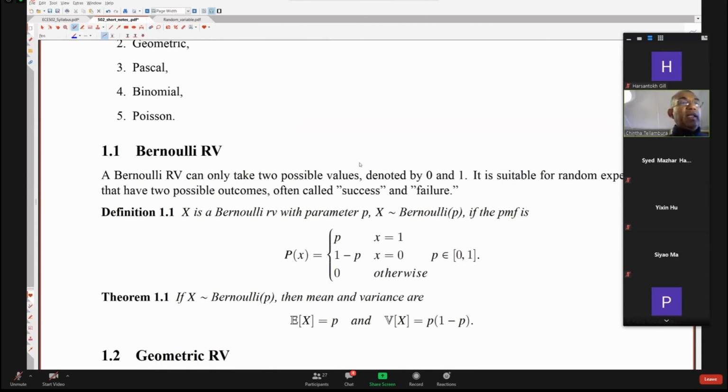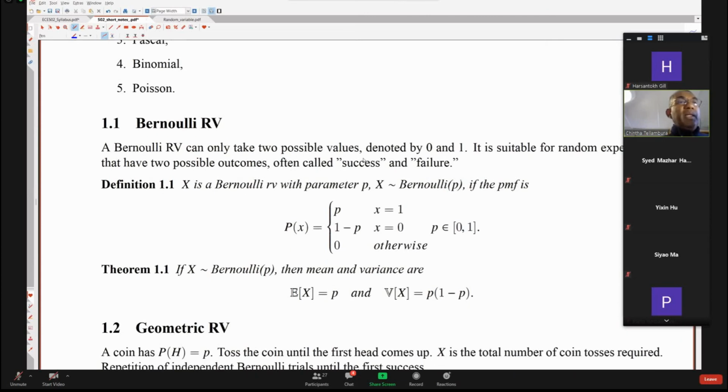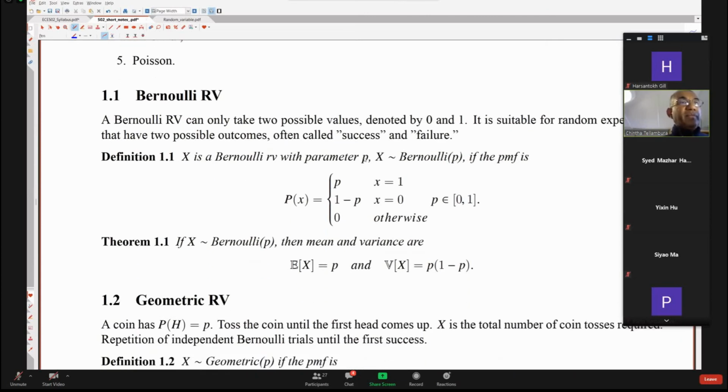We don't have a lot of time to go through each one in detail, but let me quickly mention a few things. In my notes, for each random variable, I have given the probability mass function, mean and variance, and a few more details.